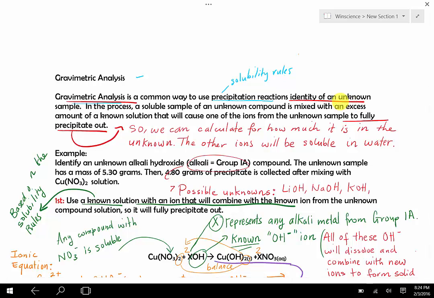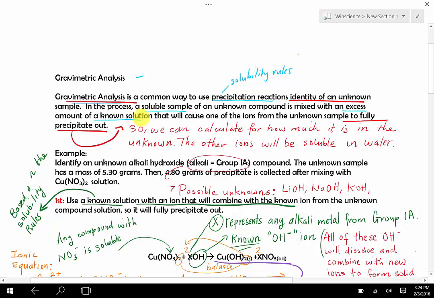A quick description of this process is that you take a soluble sample of an unknown which is given to us, okay? And we mix it with an excess amount of a known solution that is also soluble. So you have a bunch of ions in these two solutions and you combine them together, which will result in a precipitate.